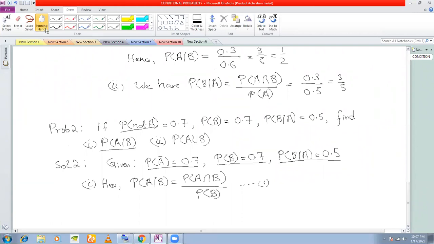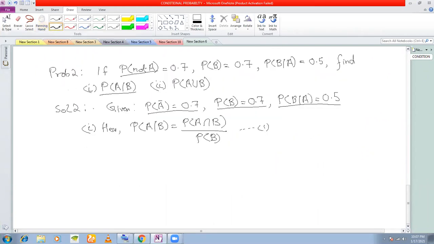So from here, what you can do is you can first find out P(A), because P(A bar) is given to you, the probability of the complementary event. So P(A), what is the probability of the event A? It is 1 minus P(A bar), right?